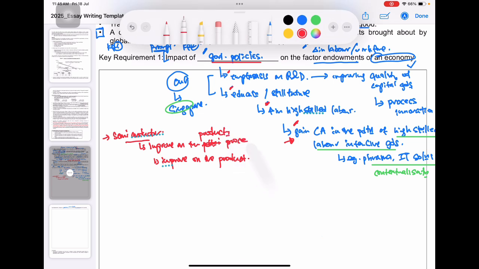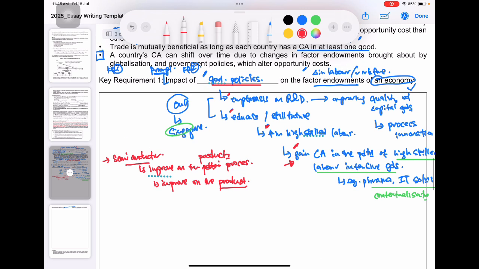Okay, so we improve on the product, and as of now, compared to the other countries, I think Taiwan is also strong at semiconductor, but because of our rigorous, continuous R&D, we still keep our semiconductor to be one of the major products that we export to the other countries.